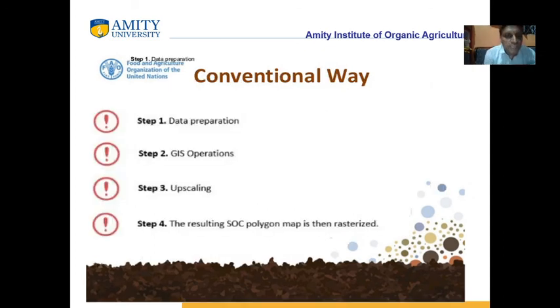The steps involved in digital soil mapping: number 1 is data preparation, number 2 is GIS operations, number 3 is upscaling, and the last is polygon map drawing and rasterizing.